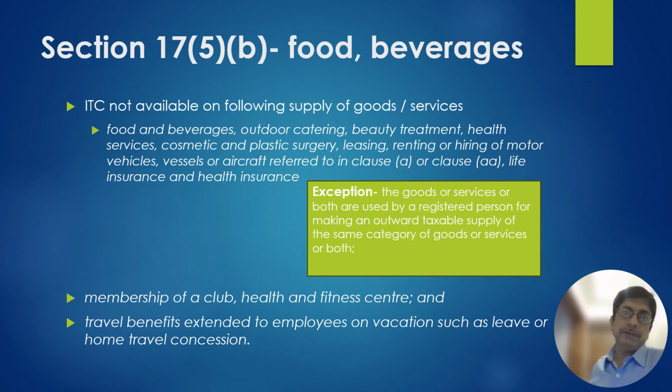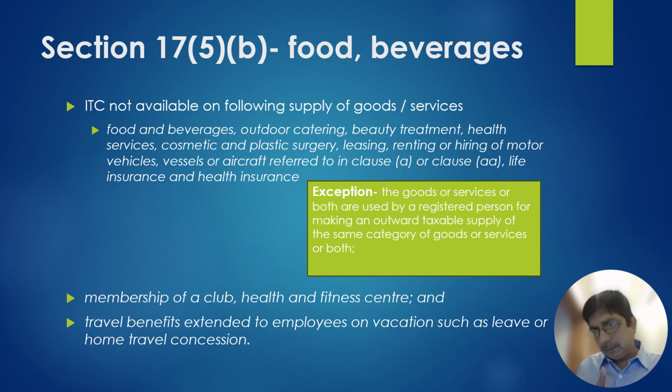Next clause, section 17(5)(b). This clause covers a lot of items, and there are two provisos also in this clause. Let's see what things are covered under section 17(5) clause B. Food and beverages, outdoor catering, beauty treatment, health services, cosmetic and plastic surgery, leasing and hiring of motor vehicle, vessel, aircraft, life insurance, health insurance.